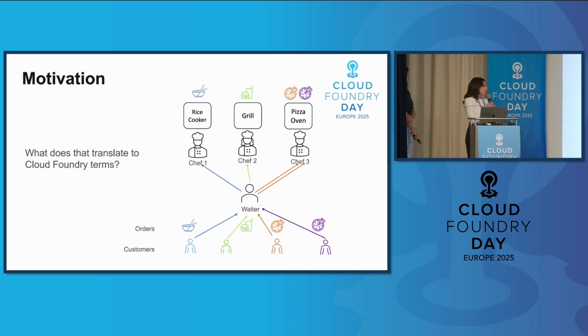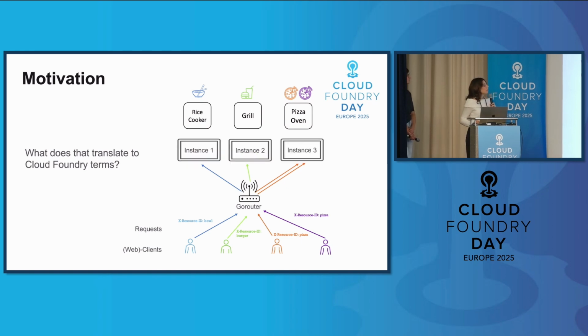So how does this fit to Cloud Foundry? In Cloud Foundry, there are app scenarios that could benefit from a resource-efficient routing mechanism. So with the same example, the customers could be the web clients sending requests to the waiter, which is the Gorouter.